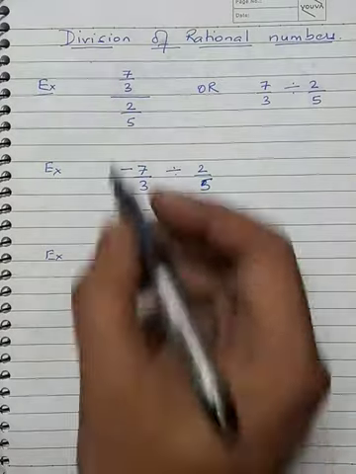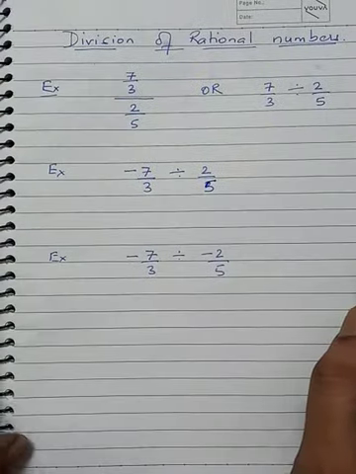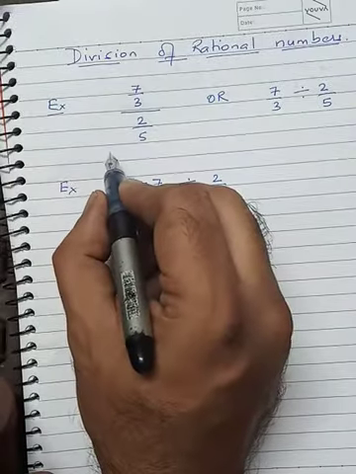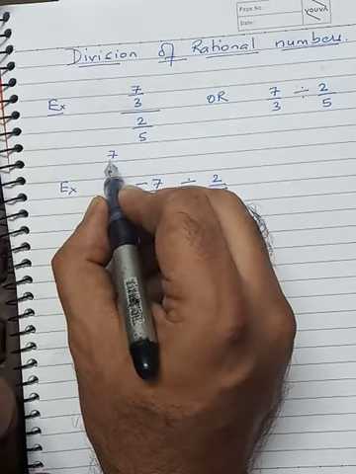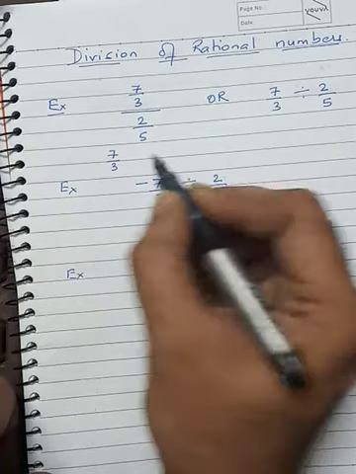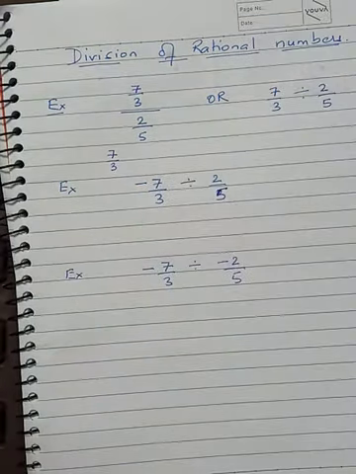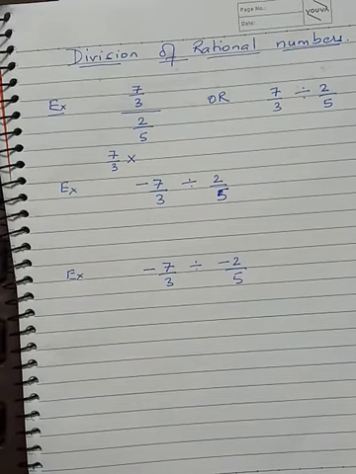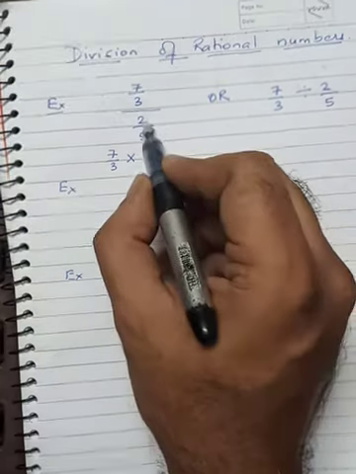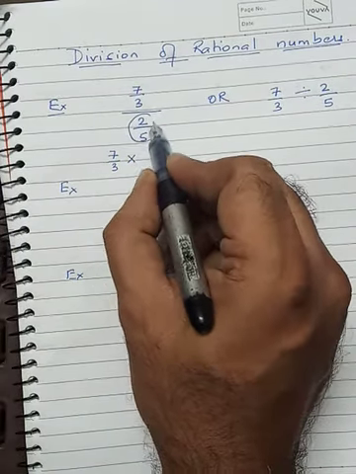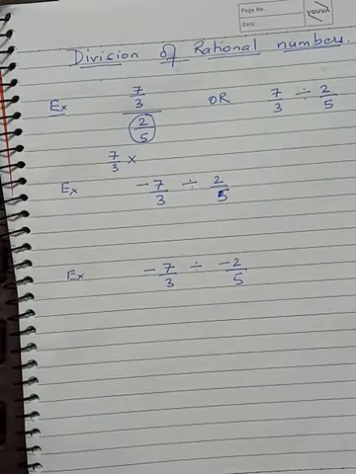Now, if I have 7 upon 3 upon 2 upon 5, all I do is write the first fraction or rational number as it is. Then, instead of putting the division sign, I put the multiplication sign. And then this second number, that is 2 upon 5, I will take the reciprocal.